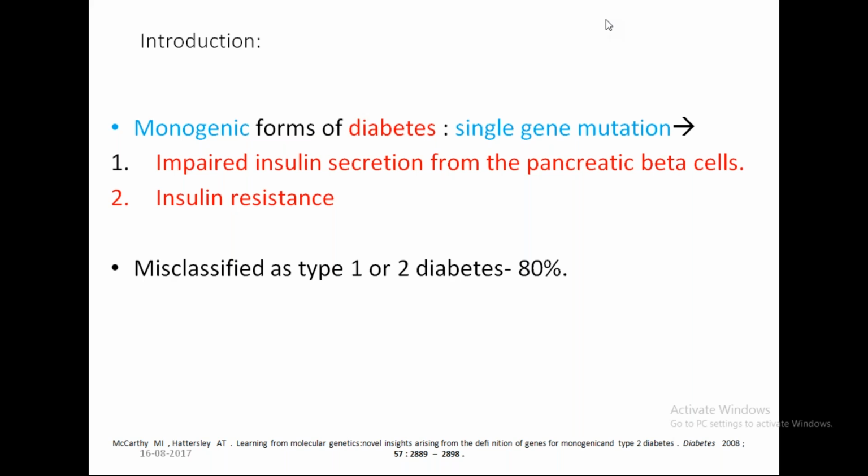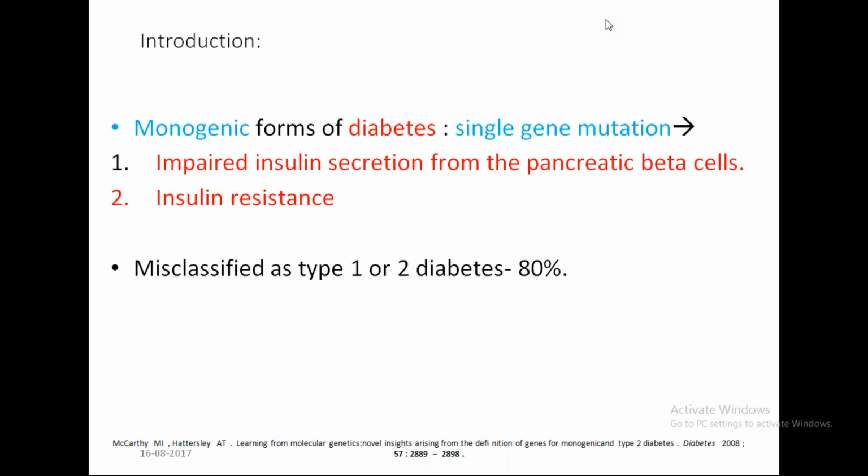Monogenic form of diabetes is nothing but a single gene mutation occurring. Because of that, you have either impaired insulin secretion from the pancreatic beta cells or insulin resistance.